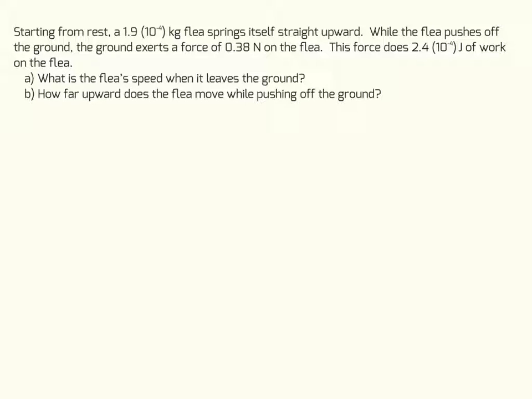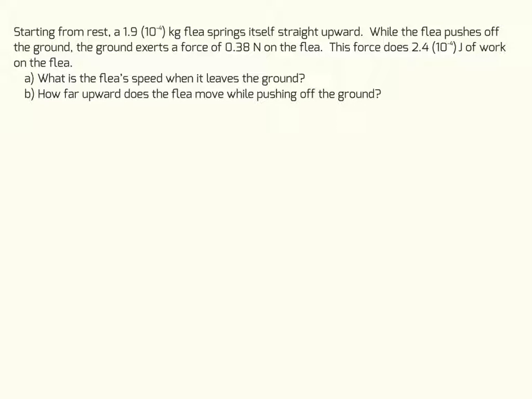And the flea then pushes off the ground. The ground exerts a force of 0.38 newtons on the flea, and then we know that that force does 2.4 times 10 to the negative 4 joules of work on the flea. So our job is going to be to find what the flea's speed is right when it leaves the ground, and then how far upward the flea moves while pushing off the ground.